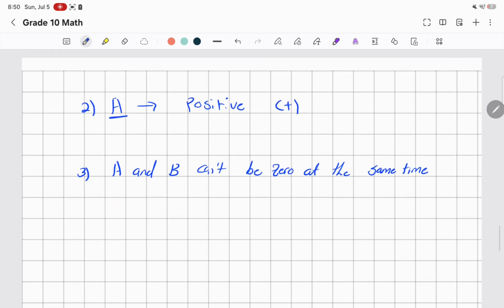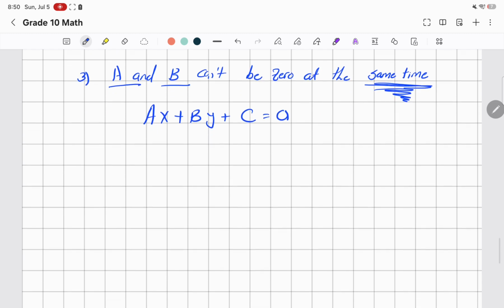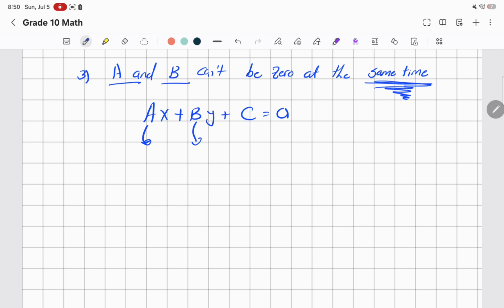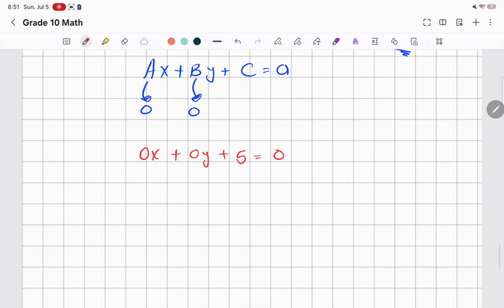And the third rule is that a and b cannot be 0 at the same time. So this is ax plus by plus c equals 0. That's standard form, right? If a and b are both 0 at the same time, for example, 0x plus 0y plus 5 equals 0, this will cancel, that will cancel.